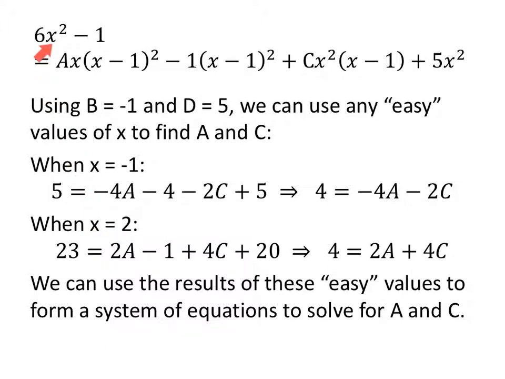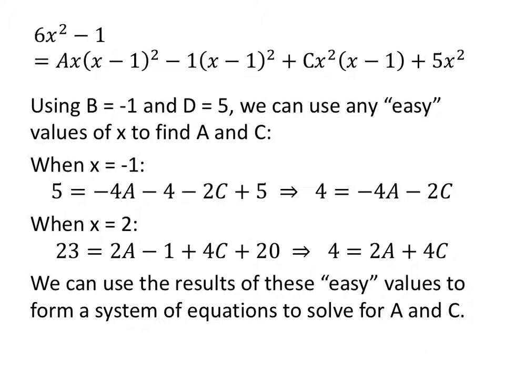When I put 2 in for x, 2 squared is 4. 6 times 4 is 24, minus 1 is 23 on the left. I encourage you to check that my right-hand side is correct. It is. And when I subtract 20 and add 1, I'll end up with 4 equals 2A plus 4C.